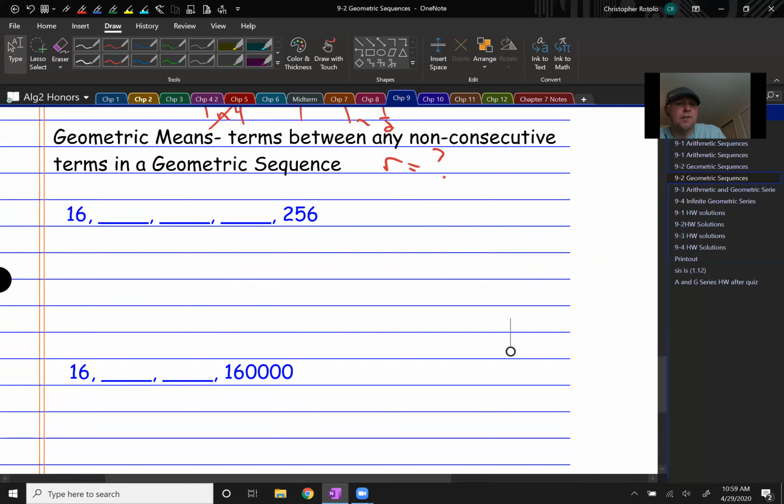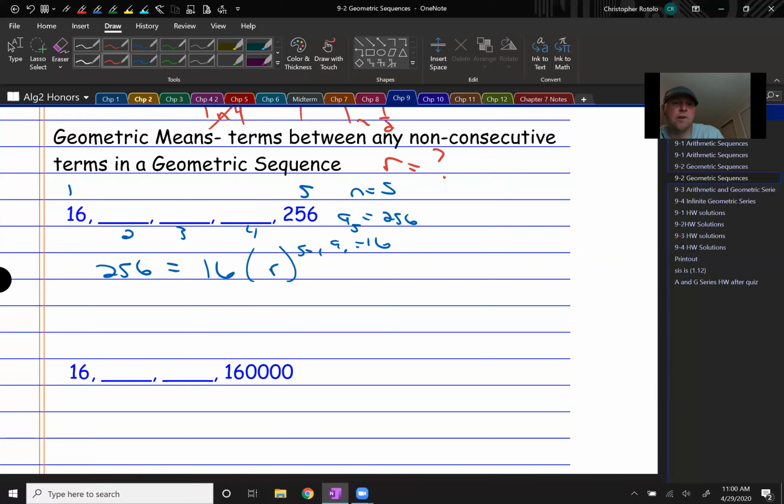All right, so let's see what we got here. We know this is term 1, 2, 3, 4, 5. So now I know n is 5. We know a sub n, a sub 5, is 256. And we know a sub 1 is 16. So here we go. 256 equals 16 times r to the 5 minus 1 power.